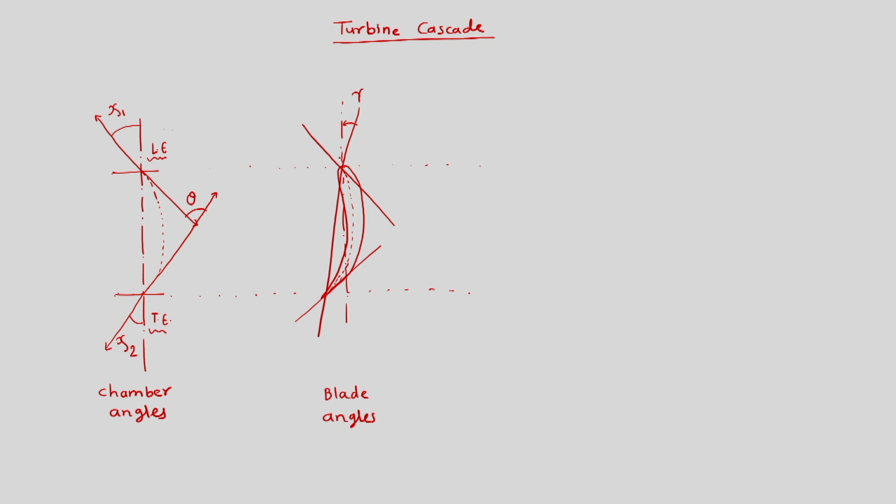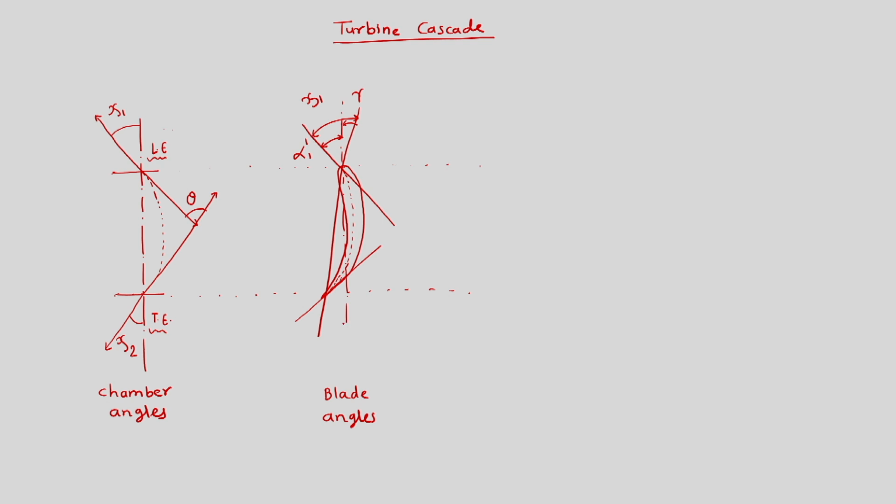And we have seen that the tangent making an angle with the chord line, we are already calling it chi 1. So this angle, which is now chi 1 minus gamma, is called alpha 1 dash, which is the blade angle at the inlet.